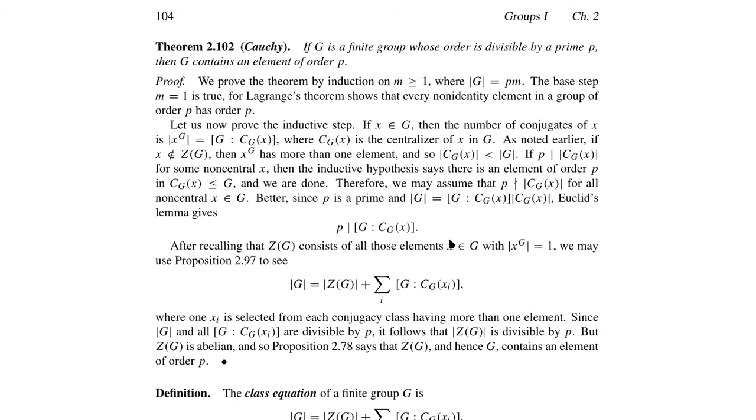Makes sense. If P divides the number of elements, then there is an element of order P in the centralizer, making the centralizer a subgroup of G, right? And thus it's done directly by Lagrange's Theorem.